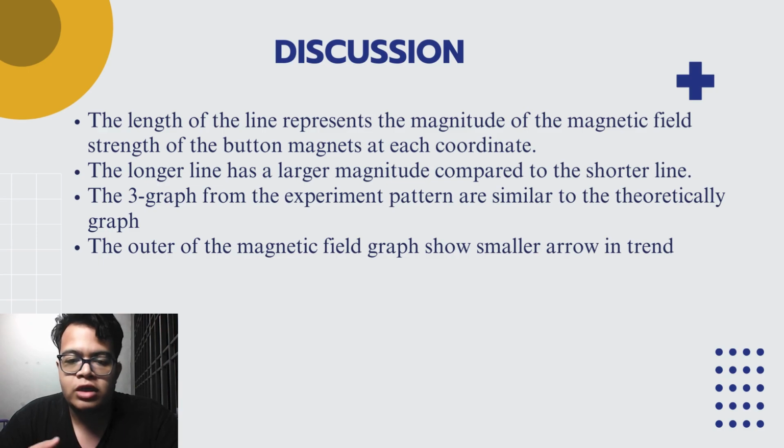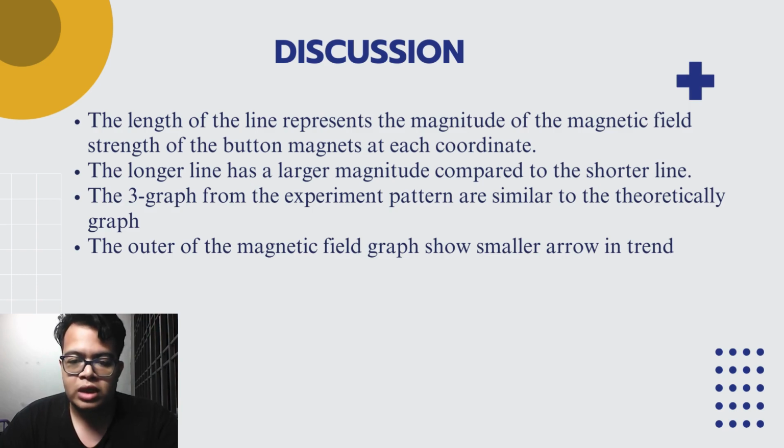For the discussion of this experiment, we can see that the higher the value of magnetic field measured by the Hall effect sensor, the longer the arrow plotted on the graph. So we conclude that the higher the value we get from the result, the longer the arrow plotted.